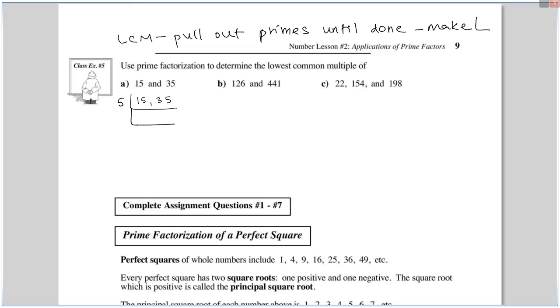Then you get 3 and 7. Those are all primes, right? 3, 5, and 7 are all primes. So we're done. Now you make the L. So the LCM for these guys is just 3 times 5 times 7. LCM of 15 and 35 will equal 3 times 5 times 7. 105.